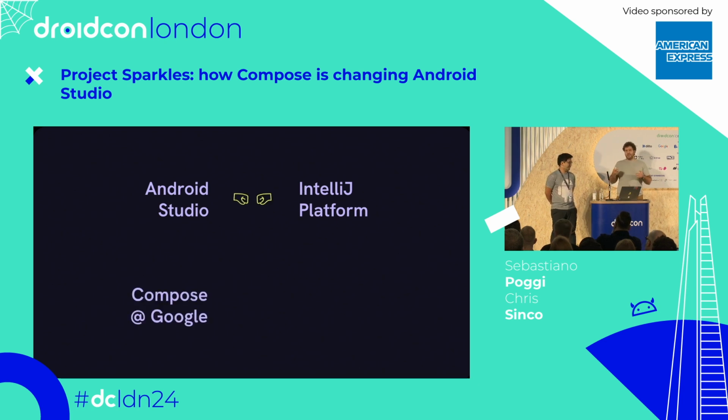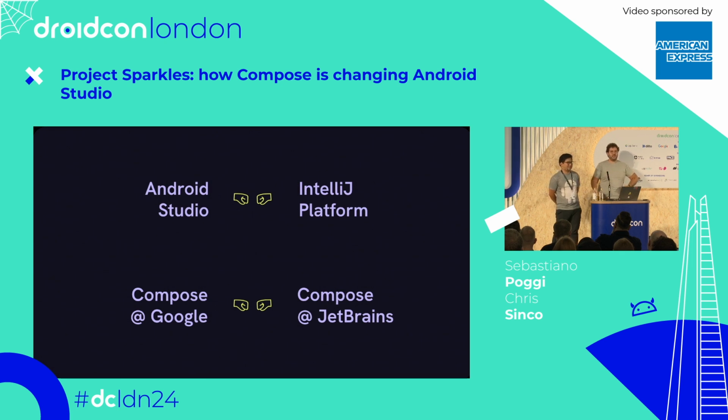But also, the Compose team at Google is working with the Compose team at JetBrains, again, because it's in the interest of everyone to have the best possible outcome. But what we are doing here is kind of like the next step, where we're taking these two chunks of collaboration and putting them together so that across teams and across companies, we're all building together to improve things, well, eventually for you folks.